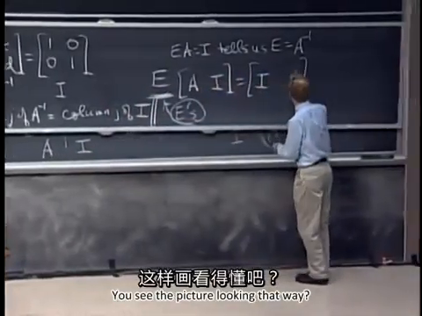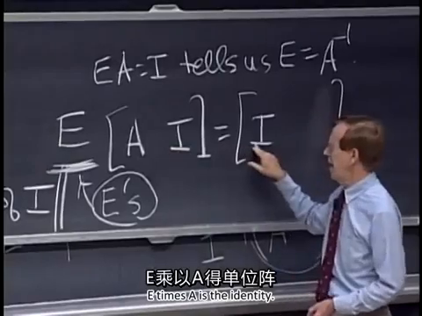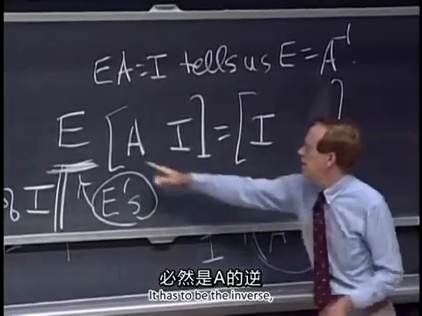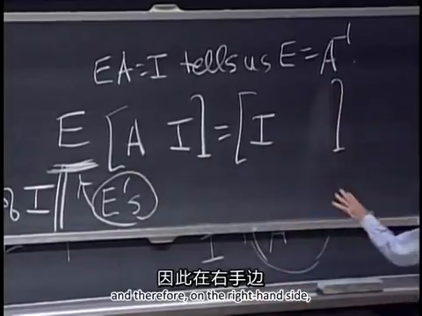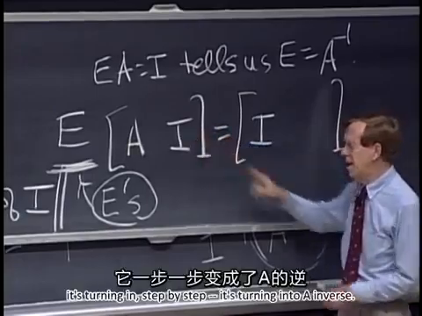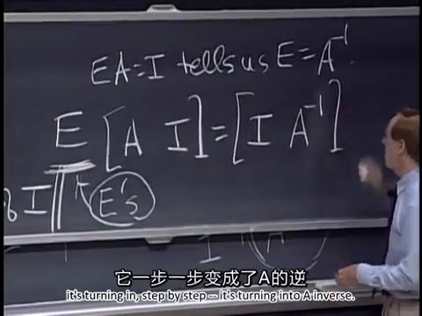You see the picture looking that way? E times A is the identity. It tells us what E has to be. It has to be the inverse. And therefore, on the right-hand side, where we just smartly tucked on the identity, it's turning in, step by step, into A inverse.